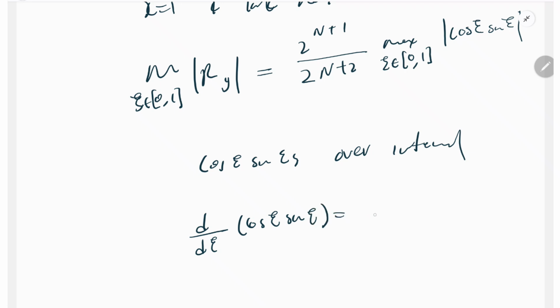If I differentiate this, I get negative sine squared psi plus cos squared psi, and this equals 0.